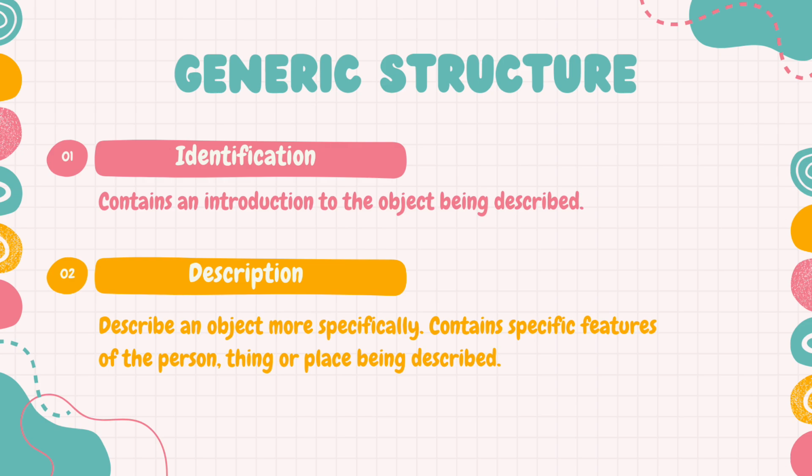The first one is the identification, which contains an introduction of the object being described. The second one is the description, which contains the object more specifically, and more specific features of the person, thing, or place being described. In here, it's about what? Yes, places.